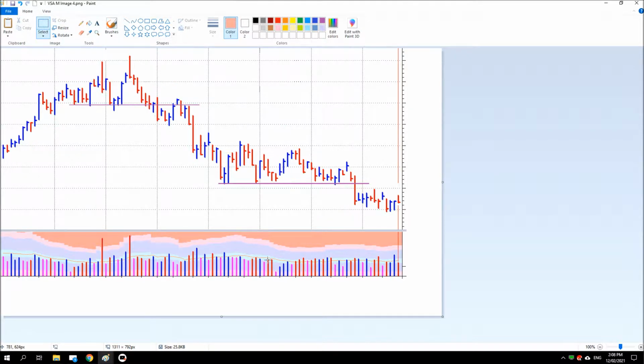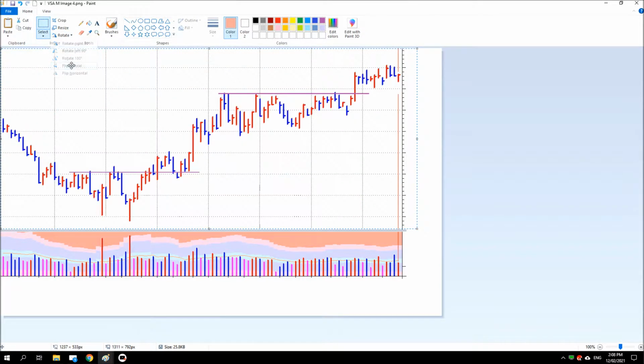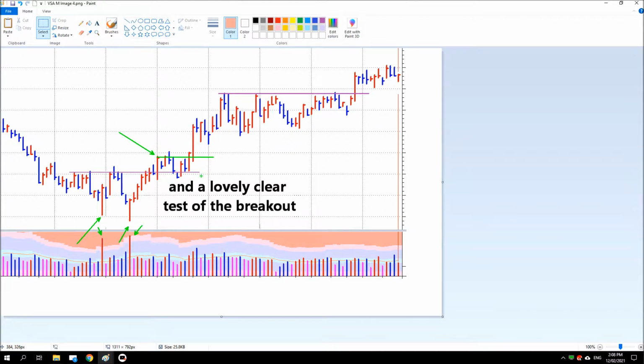Now if we flip the chart upside down, and now you can see 2 shakeouts, or probably some form of buying or support coming into the market. You can see price is broken out above that level, accelerates higher.